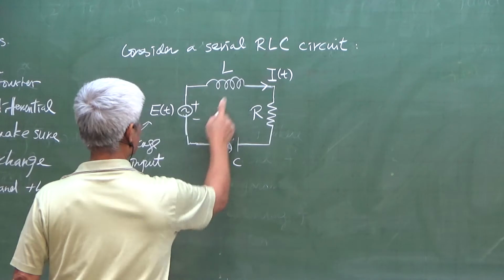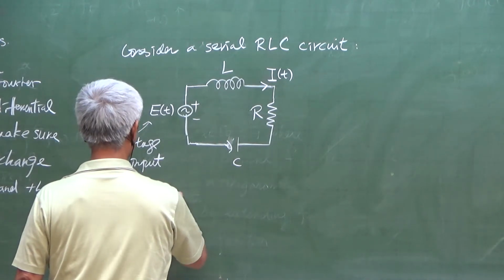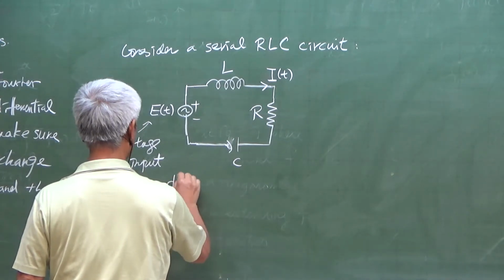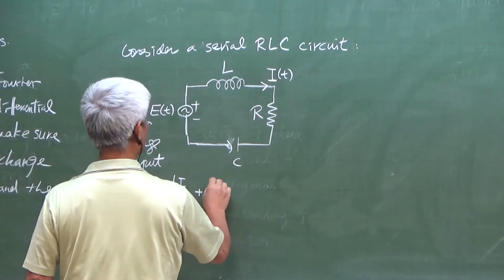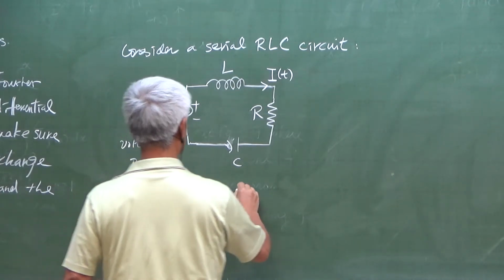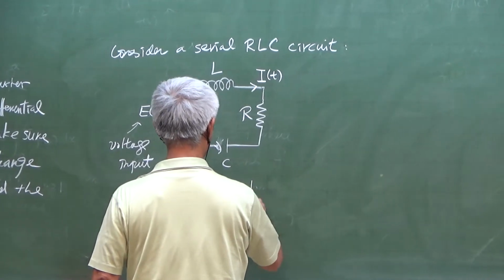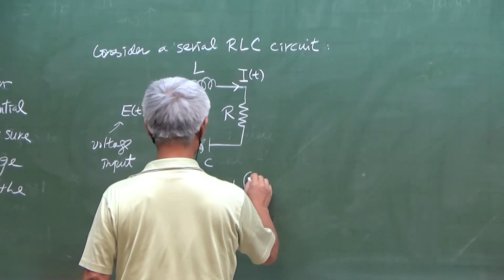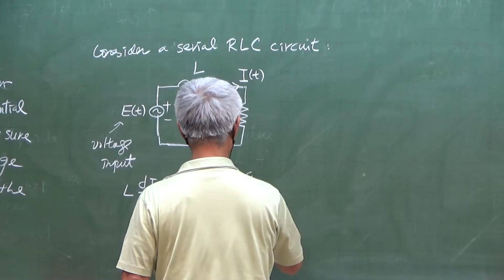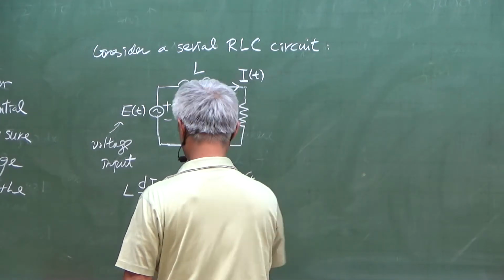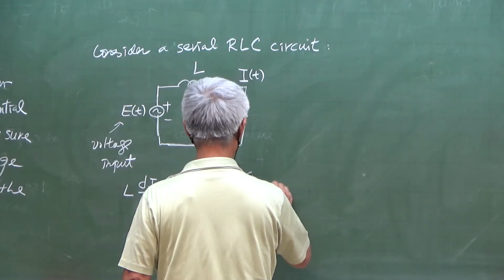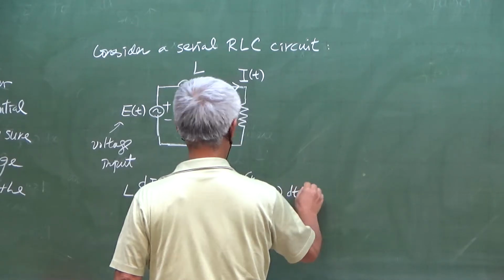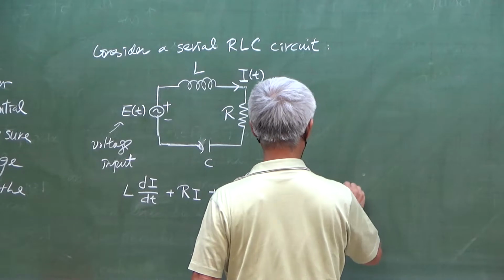So we know that L times dI/dt plus Ri plus 1 over C, the integration of i dt, for example, is equal to e of t.